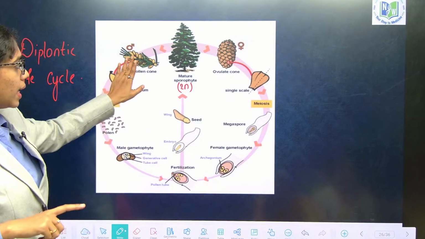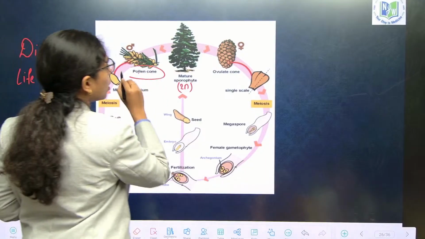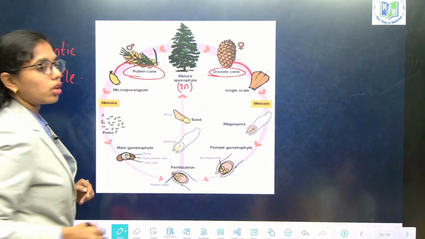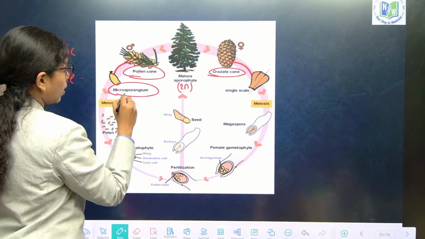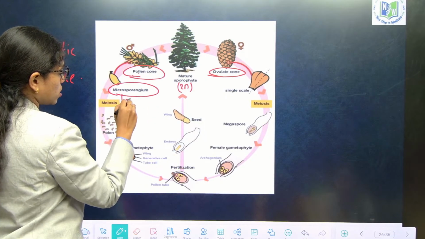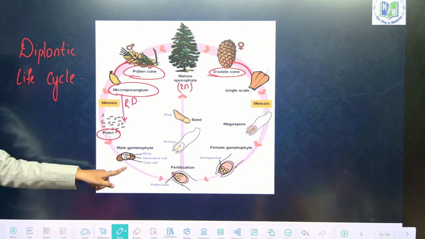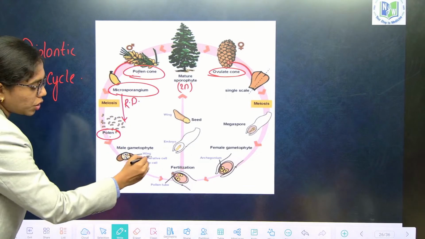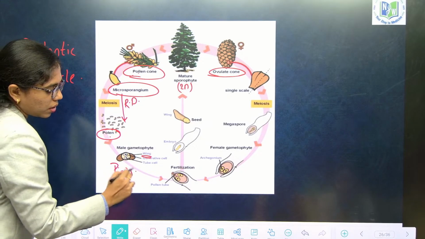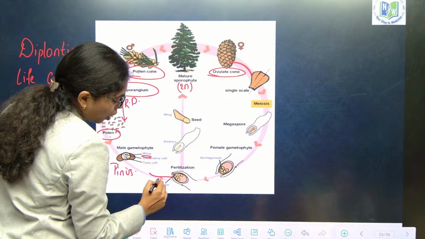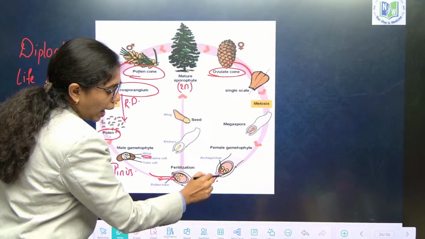You can see male and female on separate branches. Pollen cone and ovulate cone, also known as the female cone. The microsporangium undergoes meiosis and forms microspores. Those microspores develop into pollen grains. You can see the wing shaped pollen seen in Pinus. The pollen tube is formed at the time of fertilization to reach the archegonia.